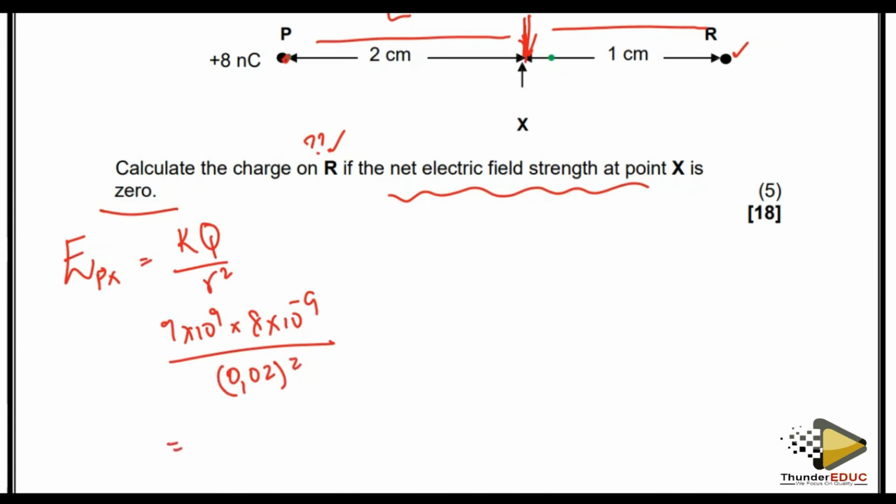Putting this into my calculator, I have 180 newtons per coulomb.